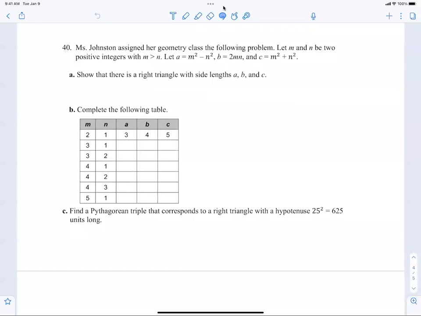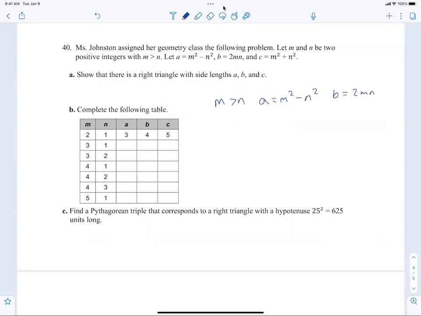But I'm also going to show you something that I think is what they meant by this. All right. So it says here, if we're going to complete the table, M is greater than N, and A equals M squared minus N squared, and B equals 2MN.